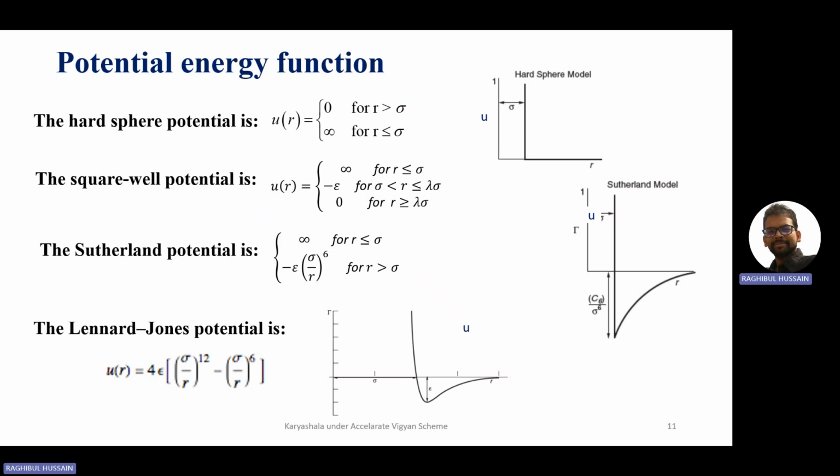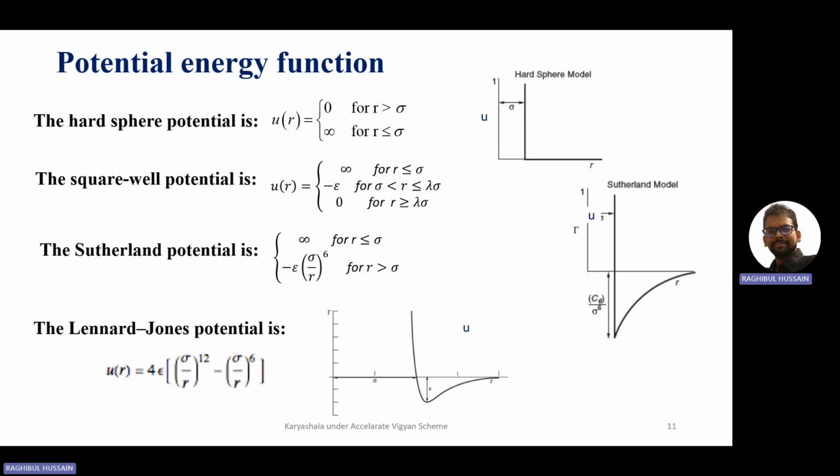Okay. So the first one is the hard sphere potential. Hard sphere means, let's say, a billiard ball. Whenever two particles are in contact, there will be some interaction, that means some energy. And whenever the contact is lost, the energy will be zero. As these are hard spheres, whenever they are in contact, the energy will be repulsive, right?